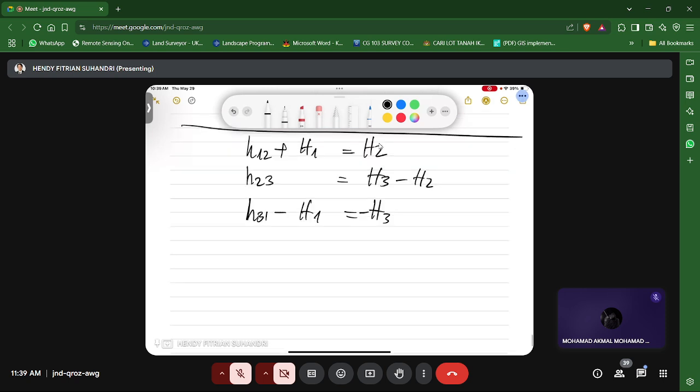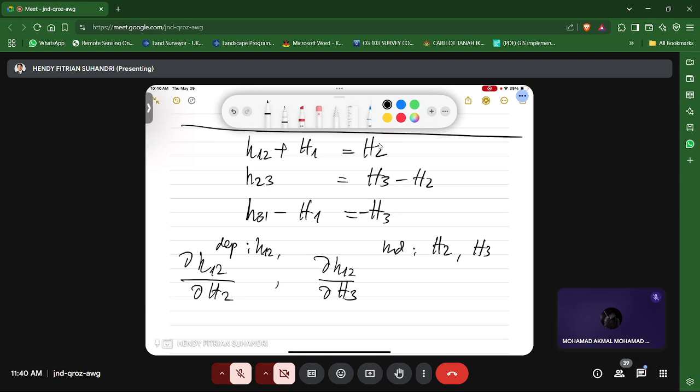Untuk persamaan 1, do H12 mestilah diturunkan terhadap do H2 dan diturunkan terhadap do H3. Okey, sebab independent variable dia adalah H2 dan H3. Dependent apa?